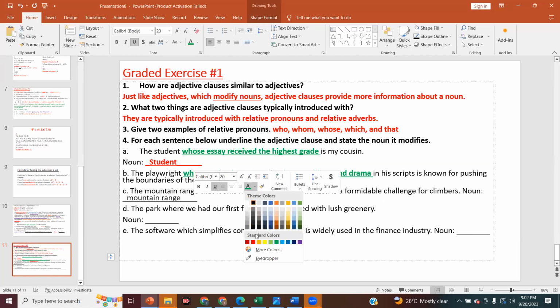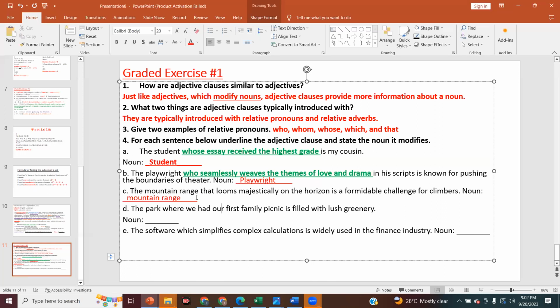Mr. Petit, what if I just put mountain? No, mountain range. That's way more specific. That's better. Why would you just put mountain? You don't know what range is. Mountain range is an area. All right, the mountain range.